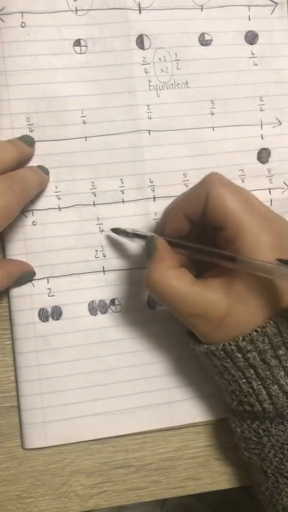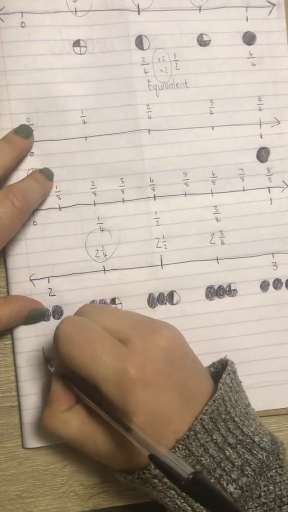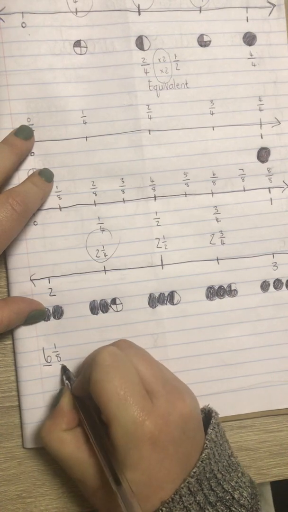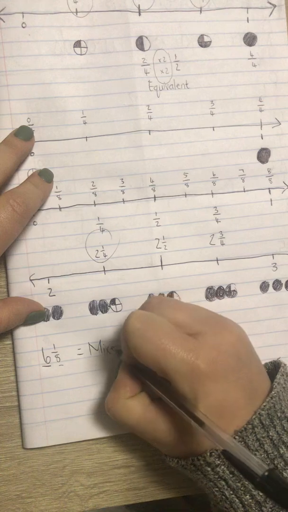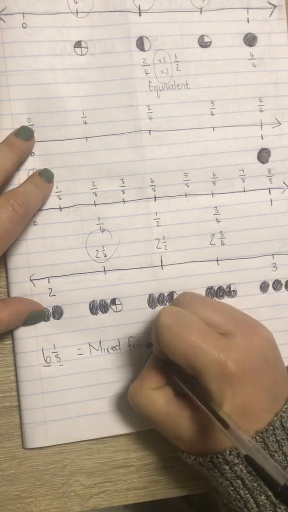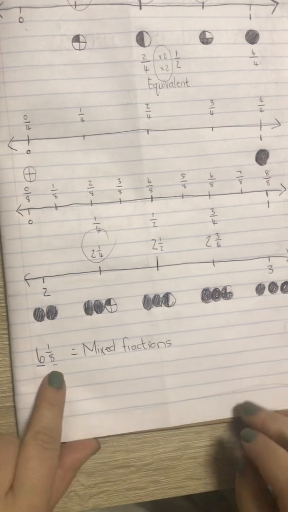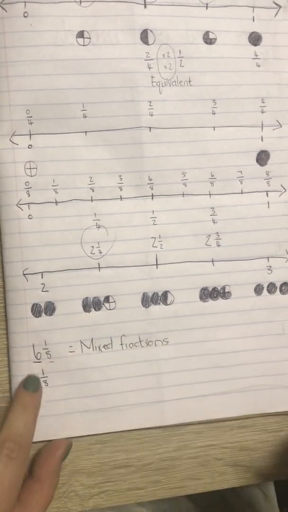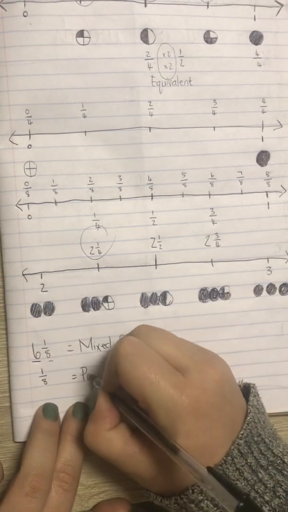Okay, fractions that look like this, with a big number, let's say 6 and an 8, with a normal number and a fraction, are called mixed fractions. Okay, because it's not just a fraction on its own, it has a number with it. Fractions like we've been doing this whole time, like 1/8, a normal fraction, is called a proper fraction.